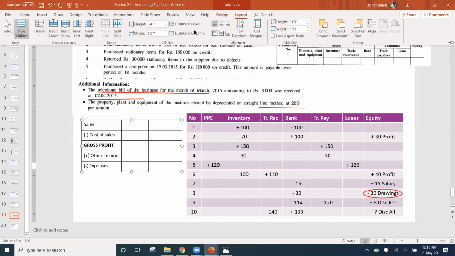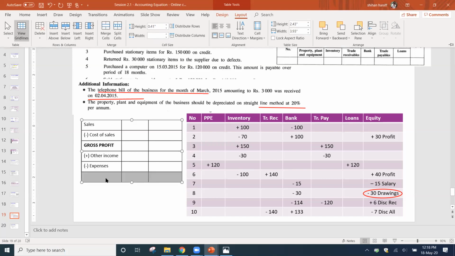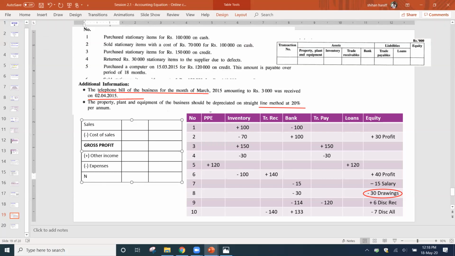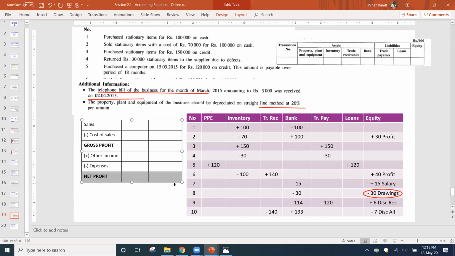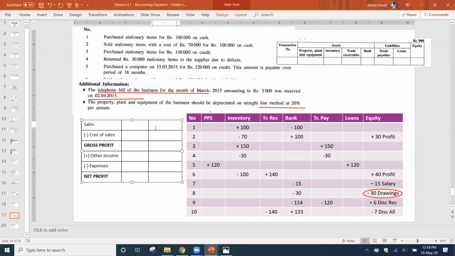Don't worry guys, later I will explain this income statement. Let's see today if I have time, I will explain. So sales minus cost of sales is gross profit, plus other income minus expenses will be net profit. This is how you calculate the net profit of a business.